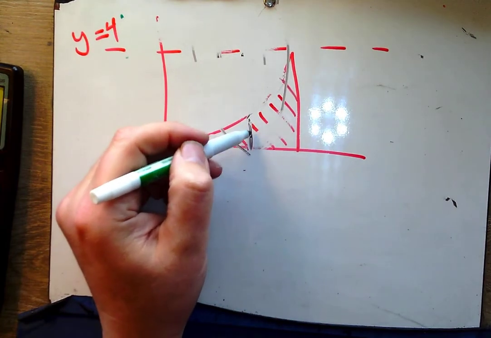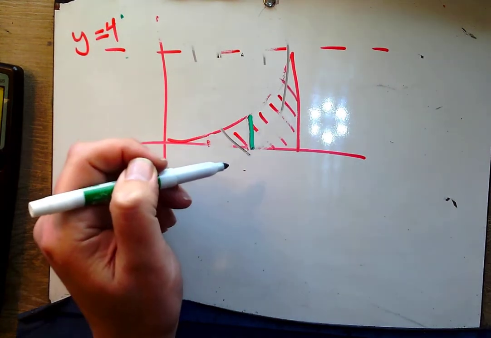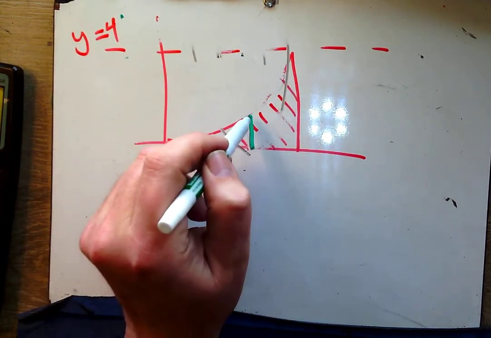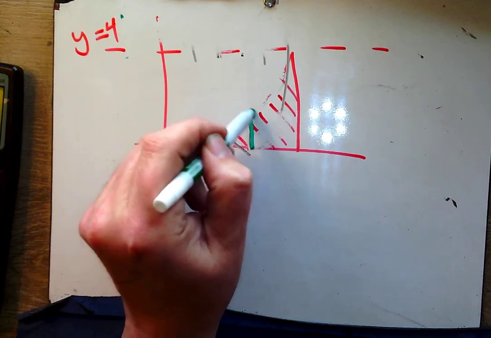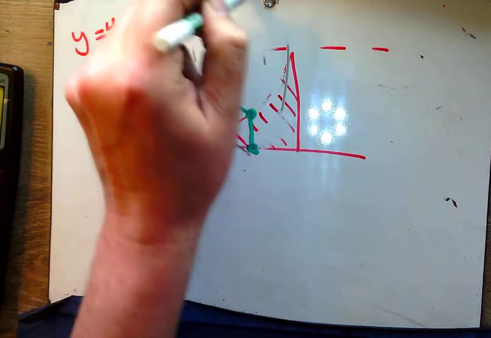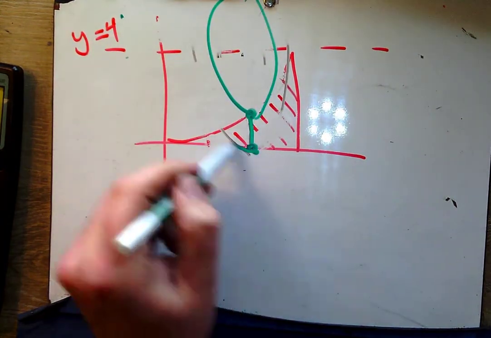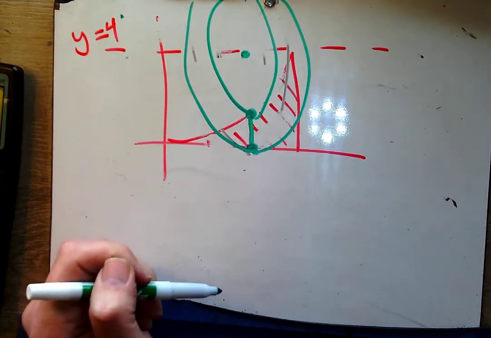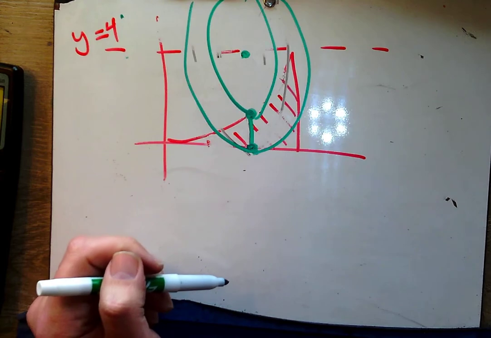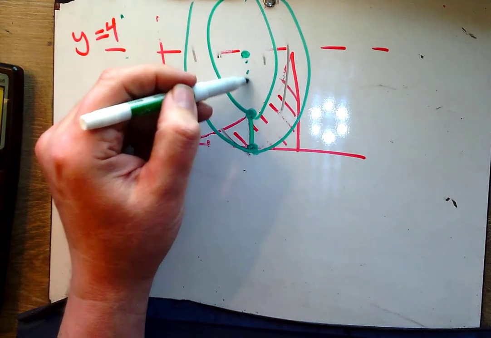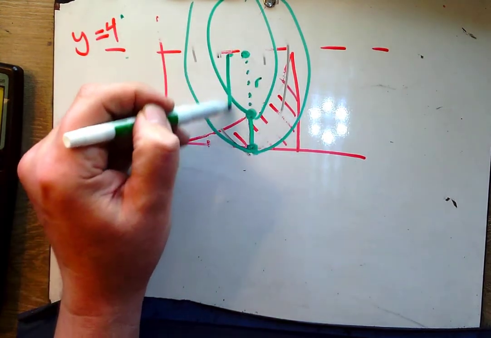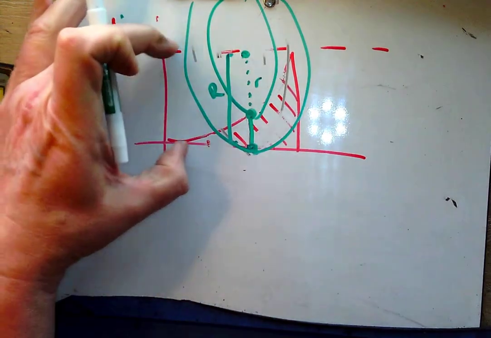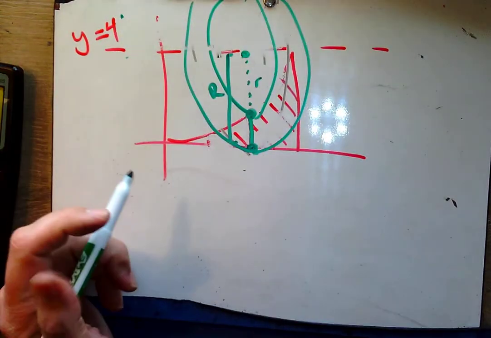Okay, if you're doing discs and washers, you draw perpendicular to the axis of rotation, and then at each end, I'm going to make a circle whose center is the axis of rotation. All right, I've got a little r here, and I have a big R here. The big R is a constant 4.